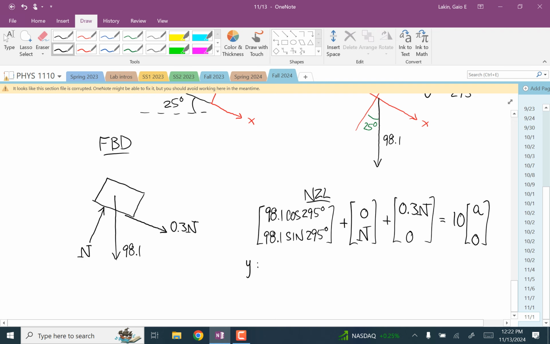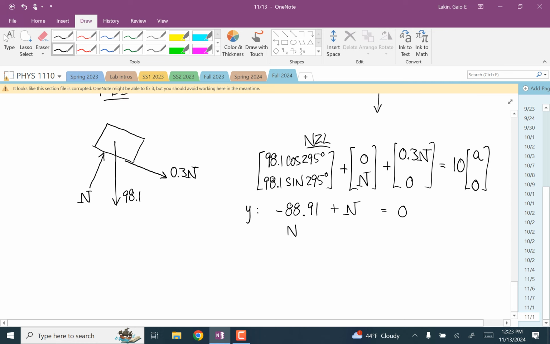The y equation says negative 88.91 plus N is equal to 0.